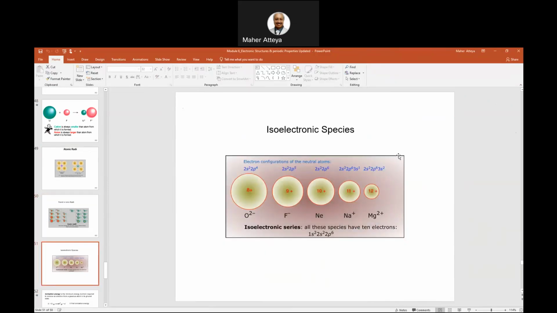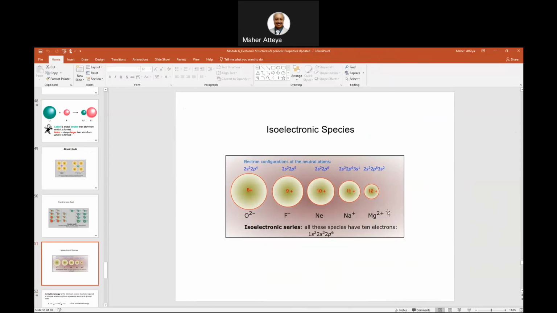And here it is, another topic: isoelectronic species. What do we mean by isoelectronic? Isoelectronic are cations or anions or atoms that have the same electron configuration. Is this coming in the final exam? Yes. Is this coming in quiz 3 and exam 3? Yes.